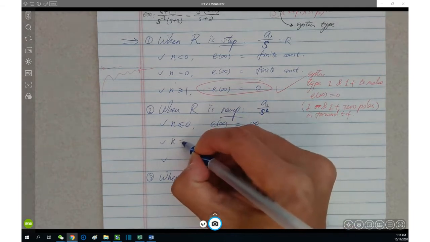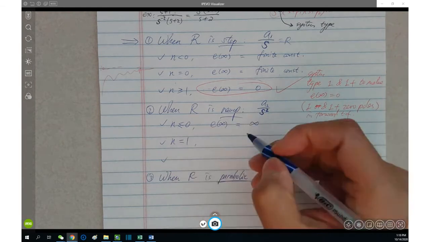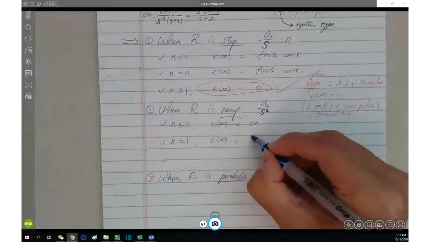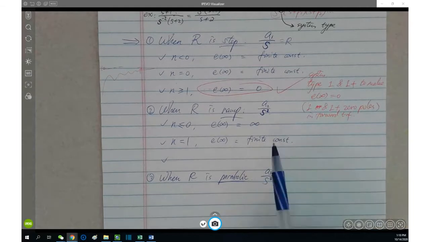And if n is equal to 1, which means system type 1, steady state error is a finite constant. And now you see why we are adding the word finite before the constant. It's trying to differentiate from infinity, right? Infinity is infinite.